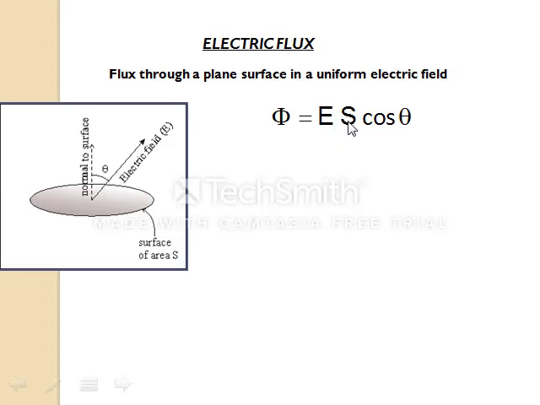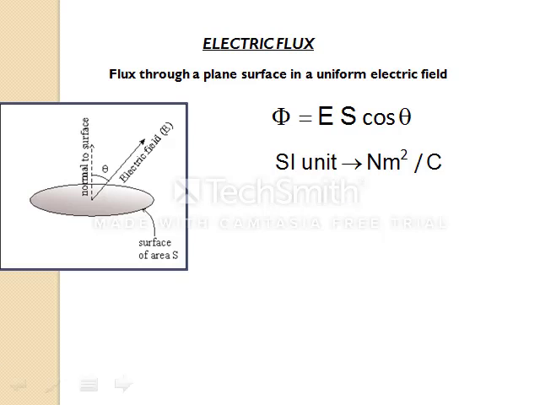Now if we know the formula for flux, we can find its unit by multiplying the unit of electric field and the unit of area. Cos theta does not have any unit. The unit for electric field is Newton per coulomb. That of area is meter square. Multiply the two. So the unit of flux is Newton per coulomb into meter square, or Newton meter square per coulomb.